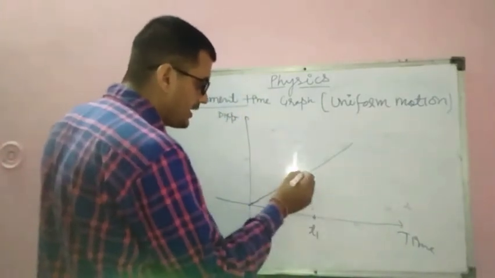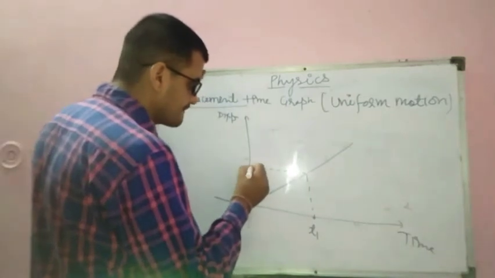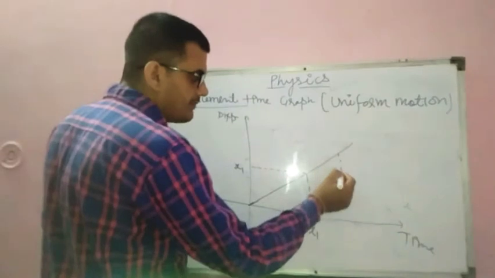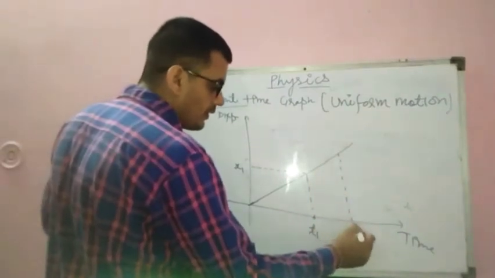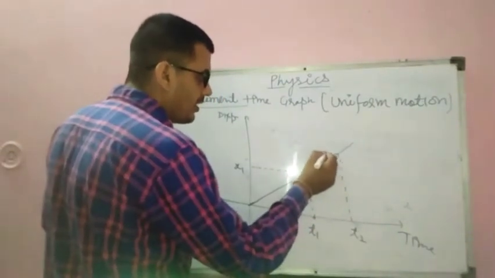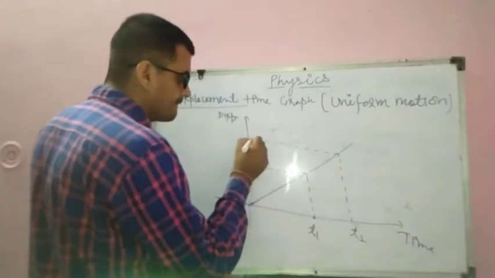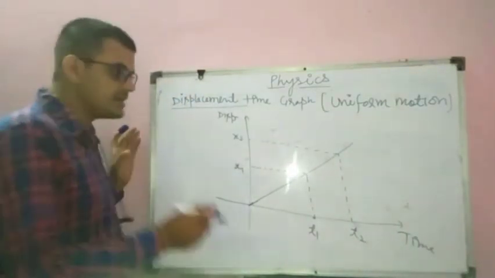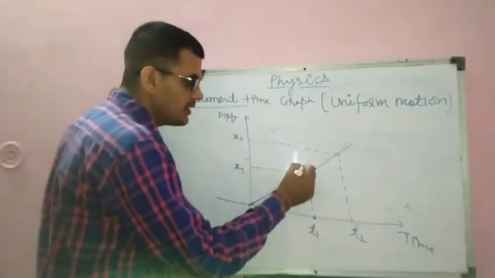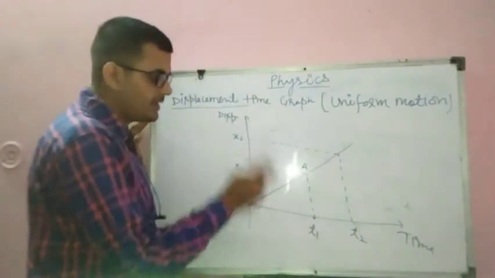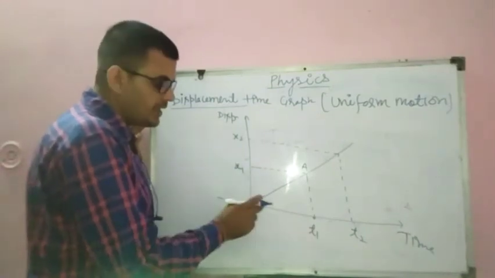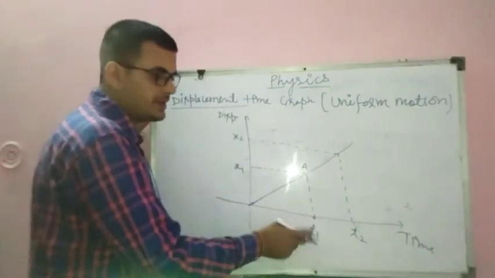Okay, so students, suppose at time t1 the displacement of the body is x1 and at time t2 the displacement of the body is x2. Or you can say when the body is at point A, its displacement from origin is x1 and time taken is t1.